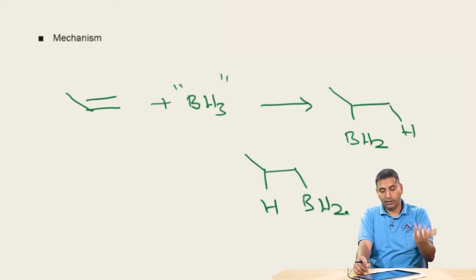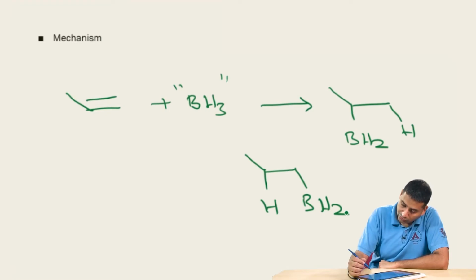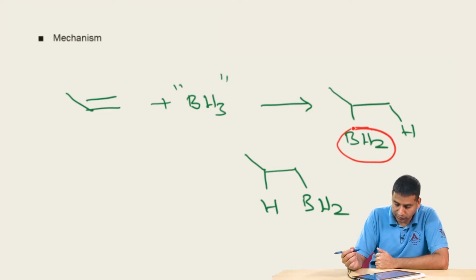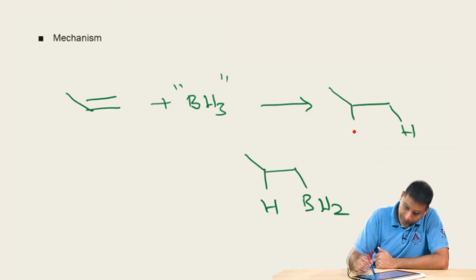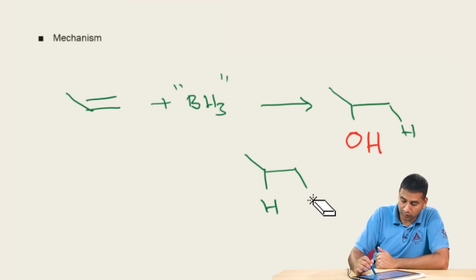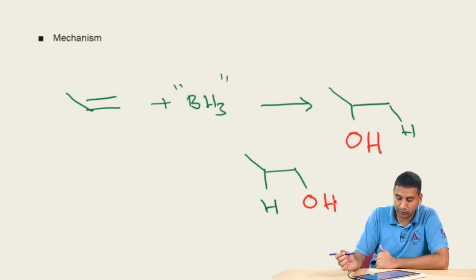Now, let us do the products of oxidation. If this undergoes oxidation, then this boron will be replaced by oxygen and you would get OH, and if this undergoes oxidation, then this boron would be formally replaced by oxygen and you would get this product.